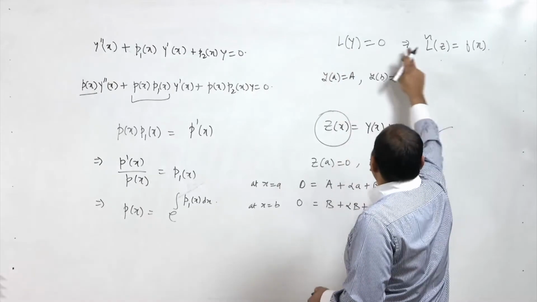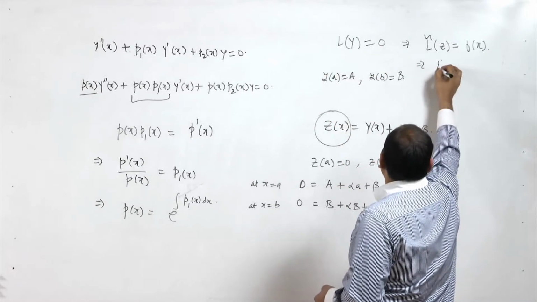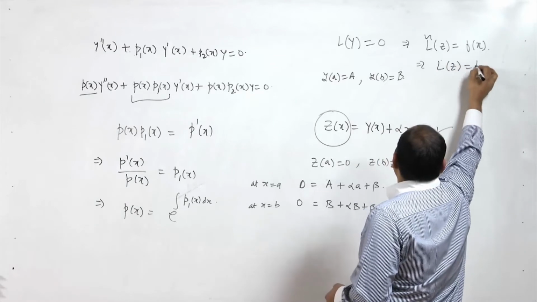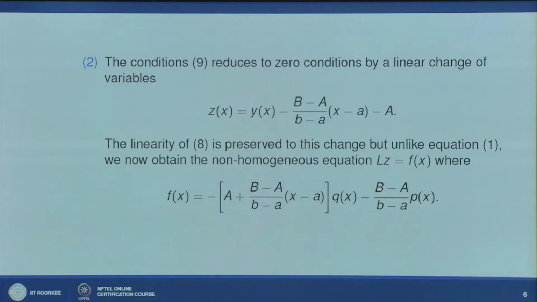Since L is a linear operator, L tilde is the same as L. So this will be reduced to L z = f(x). So what is f(x)? f(x) is given by this expression: minus of (a plus (B minus A) divided by (b minus a), x minus a) q(x) minus (B minus A) upon (b minus a) p(x).